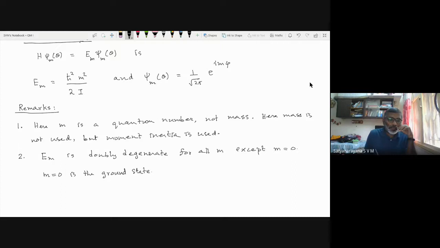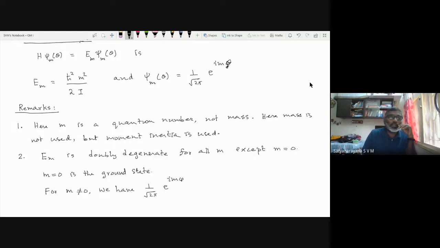for m not equal to 0, we have 1 by square root of 2 pi times e to the power i m theta. Sorry, why am I writing phi here?